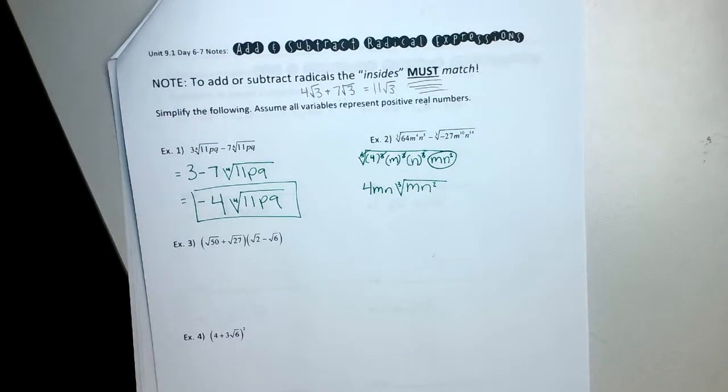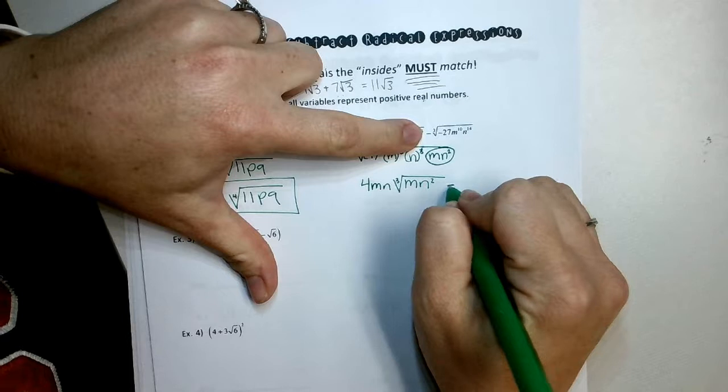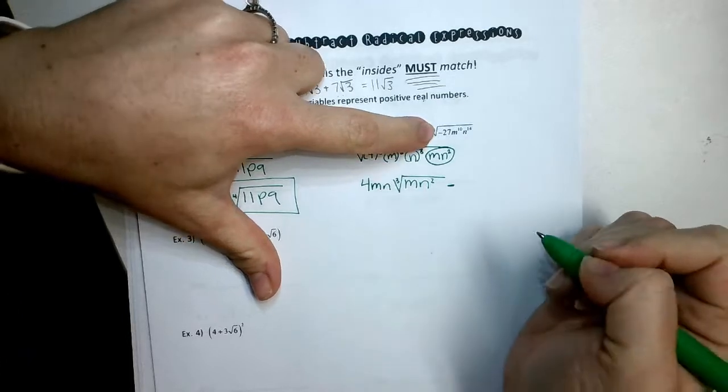So all I've done so far is simplify the cube root. Okay, I'm going to bring down the minus sign so I don't forget about it. And now I'm going to simplify this one.